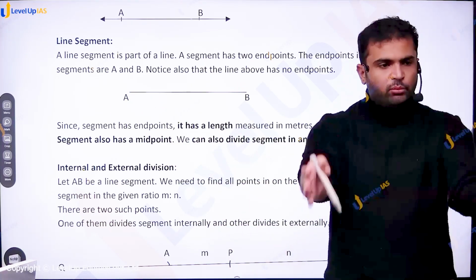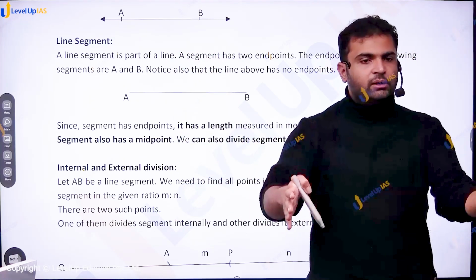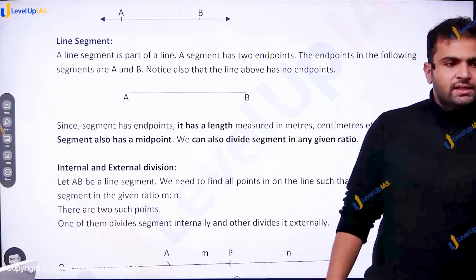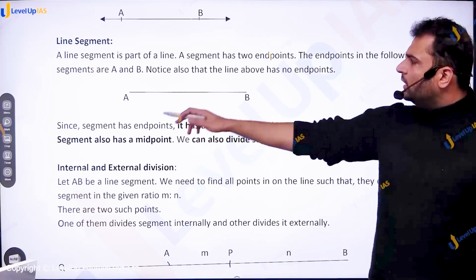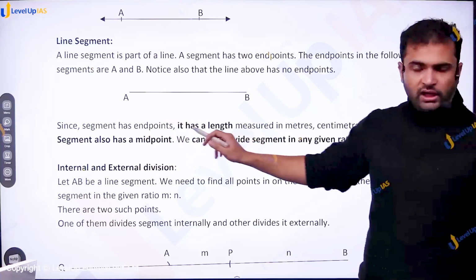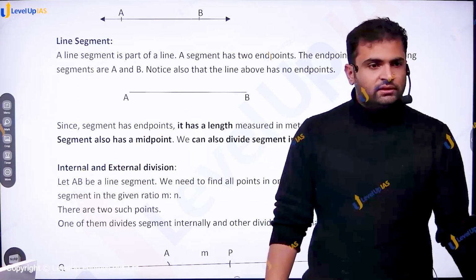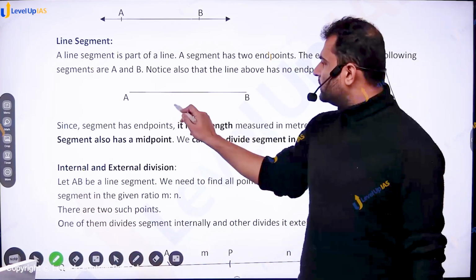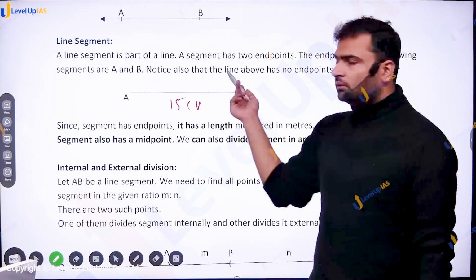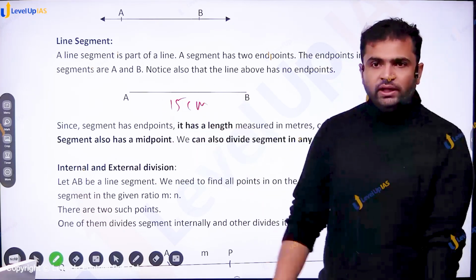If a part of a line has definite endpoints, then it is called a line segment. So this is line segment AB, and because it has definite endpoints, it would have a certain length, right? Maybe in this case, let us say 15 centimeters. Some definite length would be there.